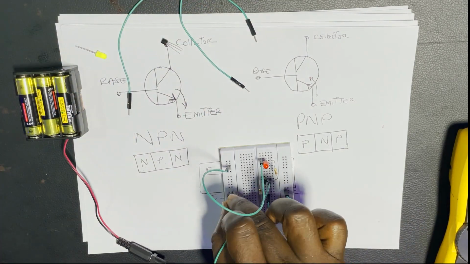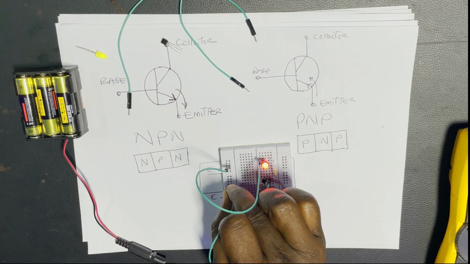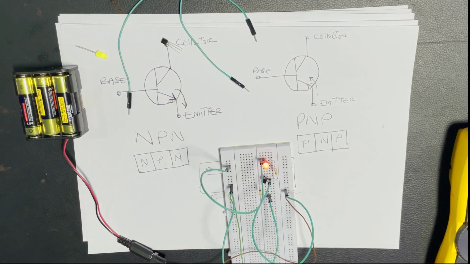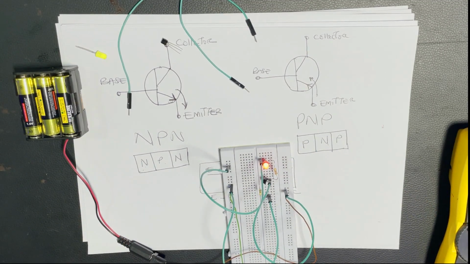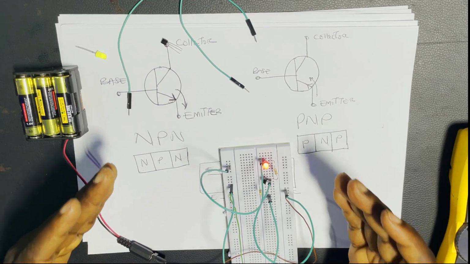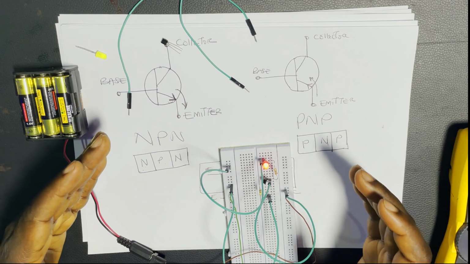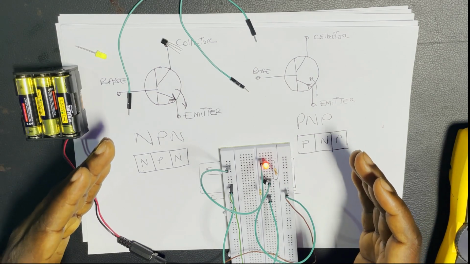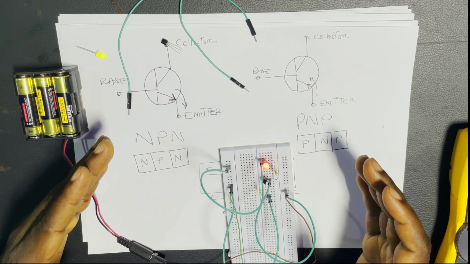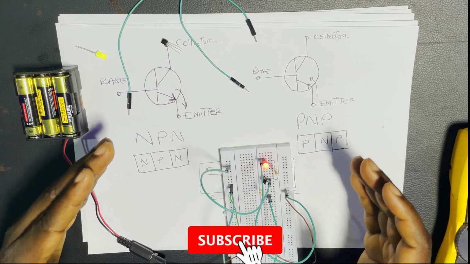You can see that we successfully biased a PNP transistor. That's how we bias a PNP transistor, and we did that for the NPN transistor. You can see that these are two different transistors in terms of biasing configuration.